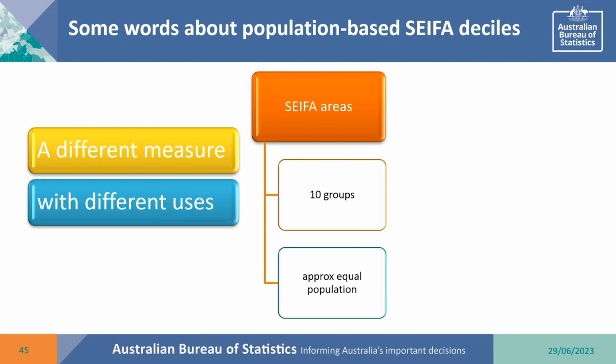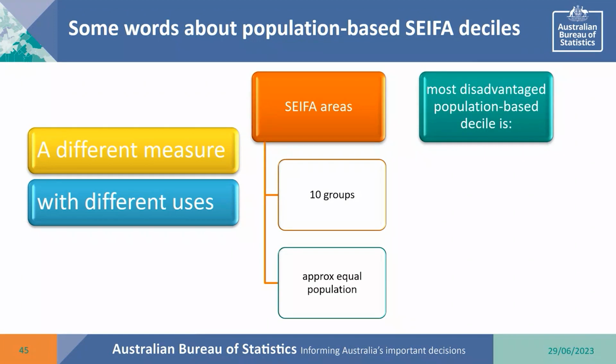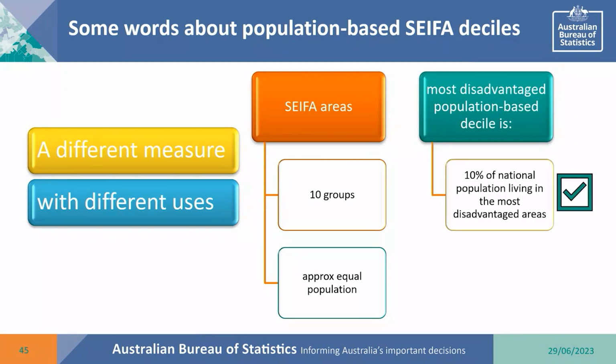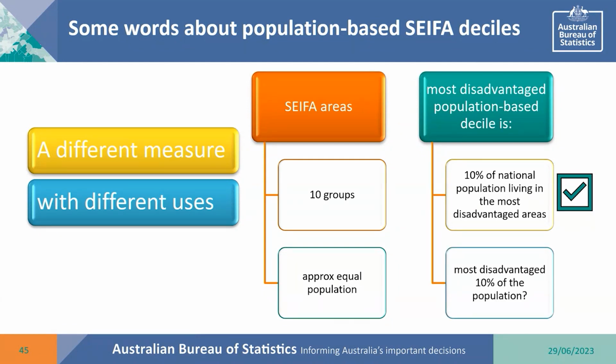The population in the most disadvantaged decile is the 10% of the population living in the most disadvantaged areas. It's not the disadvantaged 10% of the population. So population-based deciles can be difficult to interpret, and because it's an area-based measure, as I said, there can be some clumping in the population. So the population-based deciles will not always be exactly a tenth of the population.